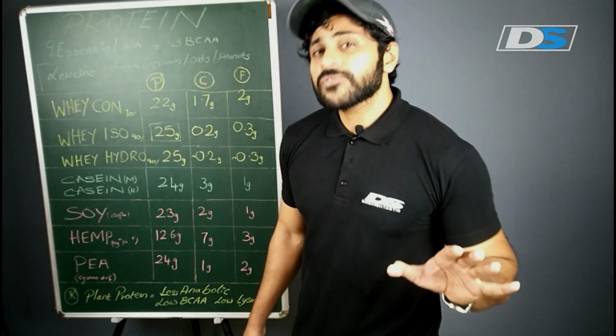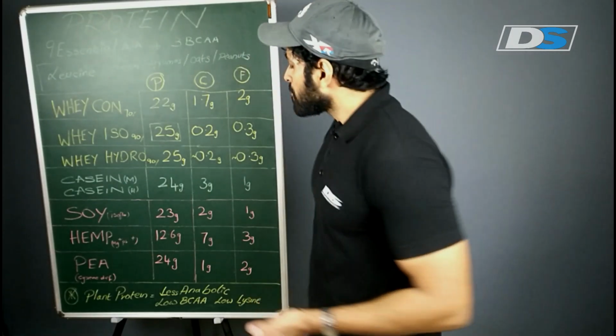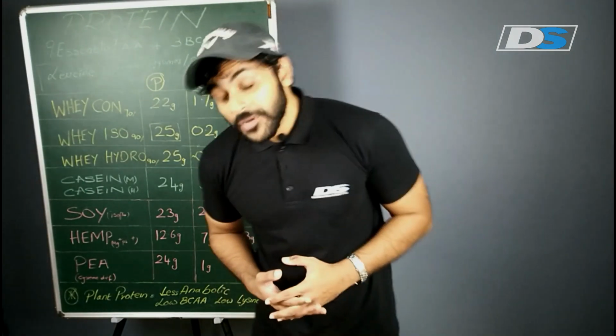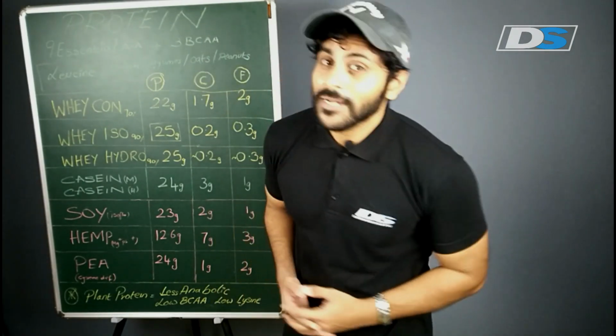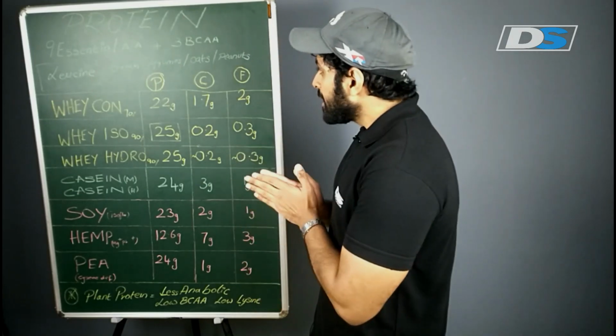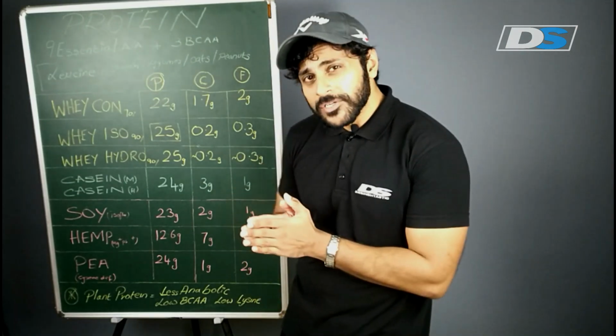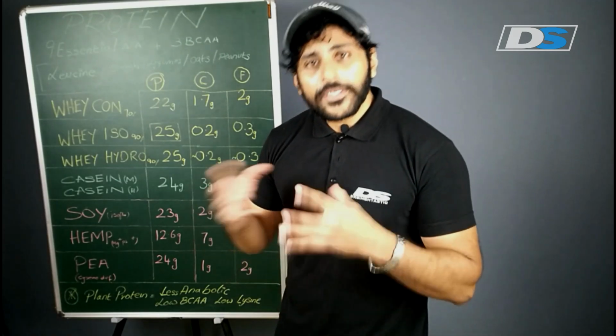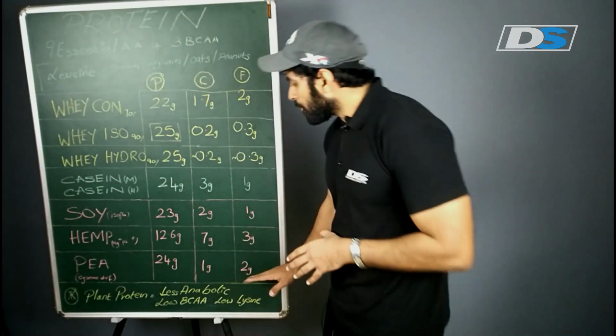Unfortunately, cysteine comes mostly from dairy and also from meat products. So the next question you'd say, what if I'm a vegan and I'm considering pea protein? How do I get my cysteine now? Cysteine, you can get it from cruciferous vegetables. Take your cruciferous vegetables, broccoli, spinach, and all of these things included in your diet. You're going to complete your protein profile.